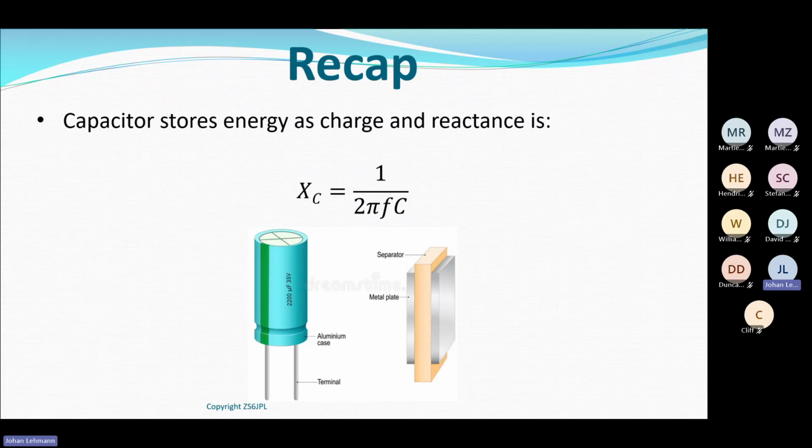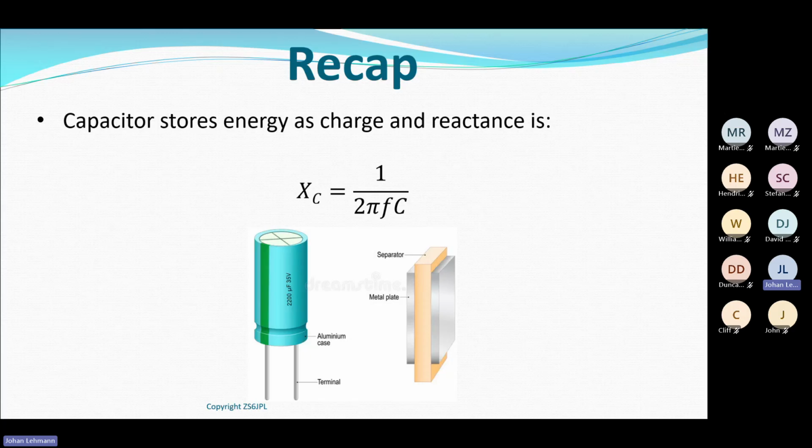Just to go back to last week's lecture that you had regarding capacitors and inductors. A capacitor stores energy as charge, and the reactance of a capacitor is 1 over 2 pi times the frequency times the capacitance. You're going to use this formula quite a lot in the next 2 lectures.